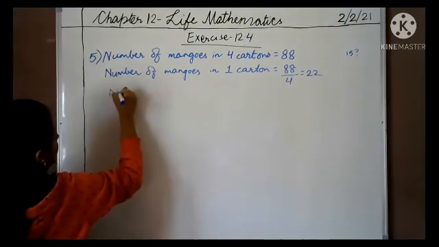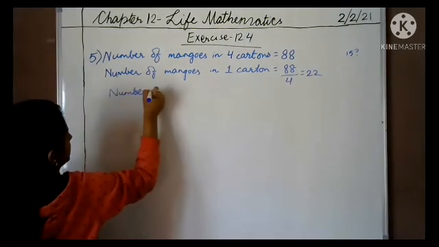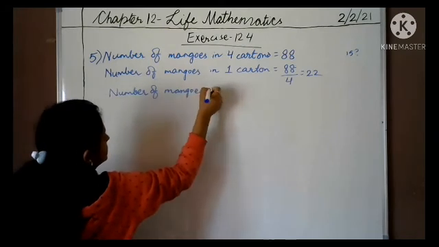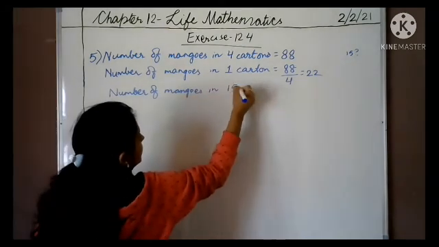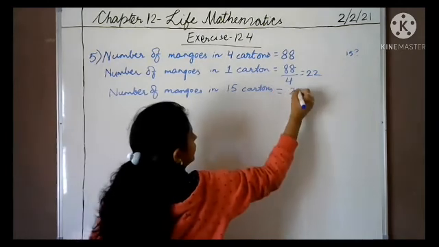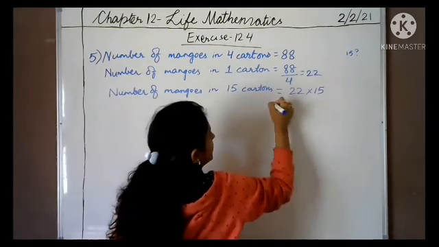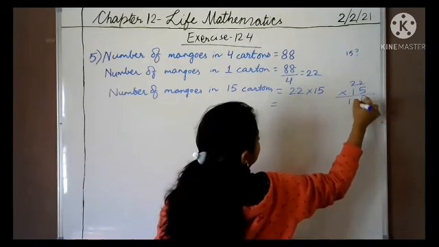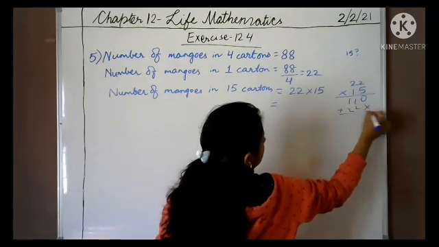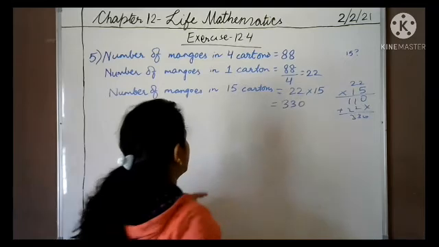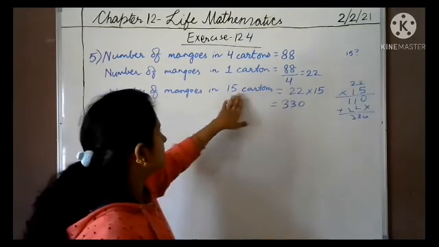Now, number of mangoes in 15 cartons is equal to 22 multiplied by 15. So let's multiply. 330. Okay. So there are 330 mangoes in 15 cartons.